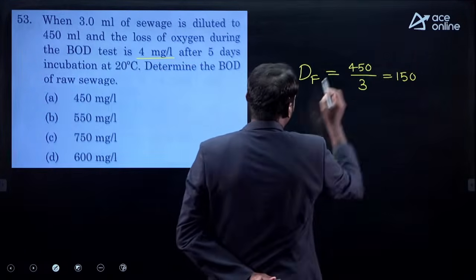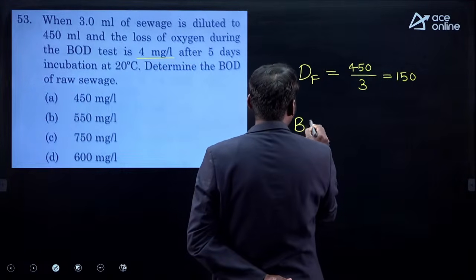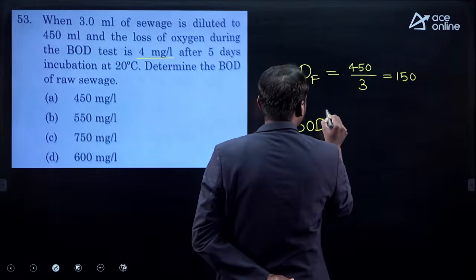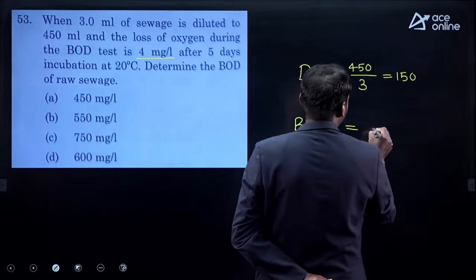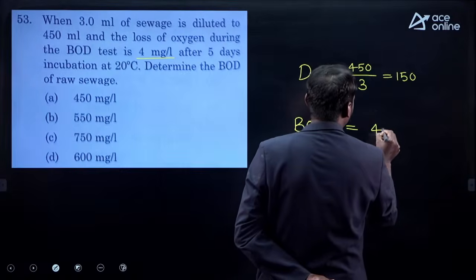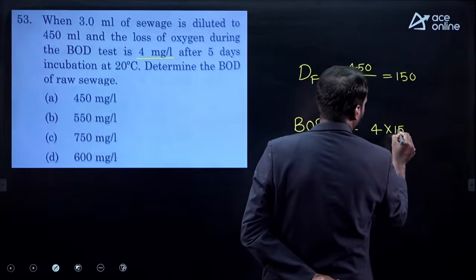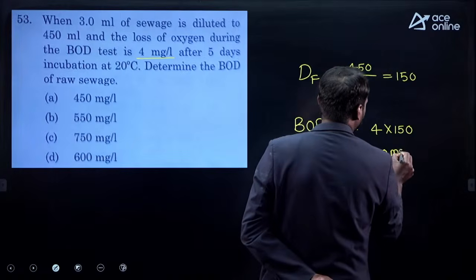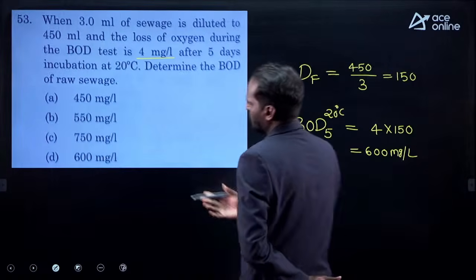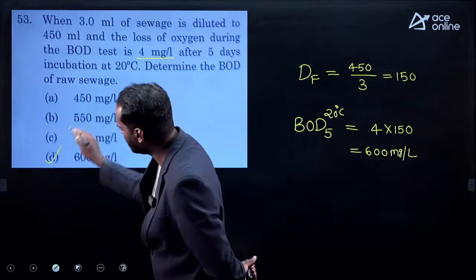Therefore, BOD5 at 20 degrees centigrade is the initial minus final, directly given as 4 milligram per liter. The dilution factor is 150, which will give you 600 milligram per liter as the correct answer. This is an important area in characteristics of sewage.